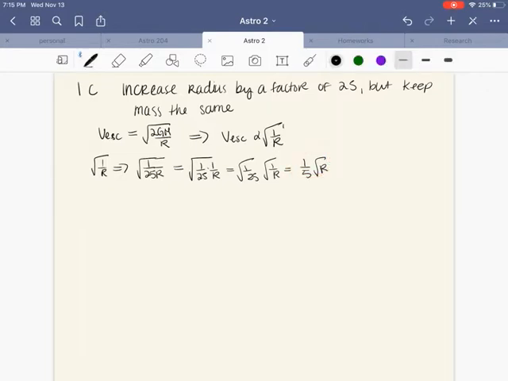To prove that, I'm going to say escape velocity initial is equal to root 2GM initial over radius initial, and escape velocity final is equal to root 2GM final over R final. My mass is staying the same, so my M final is my initial mass. My radius final is 25 times my initial radius.